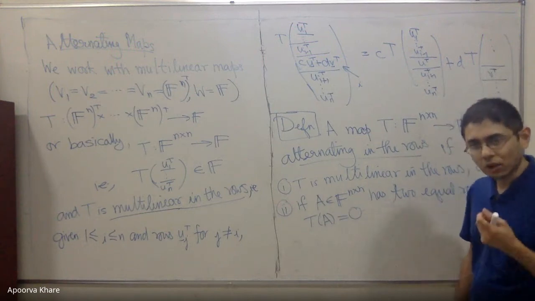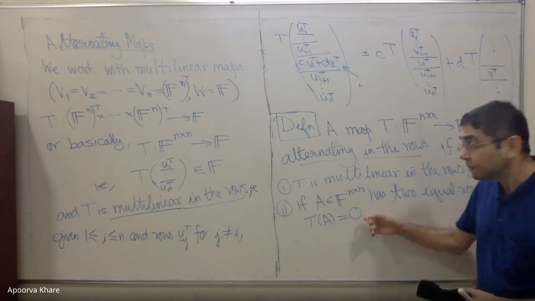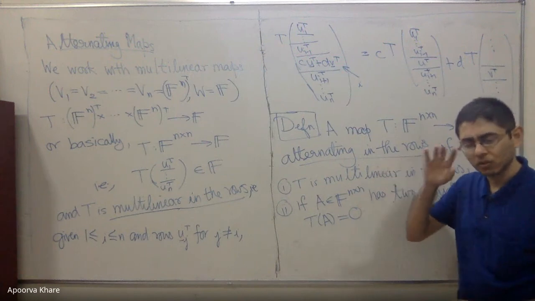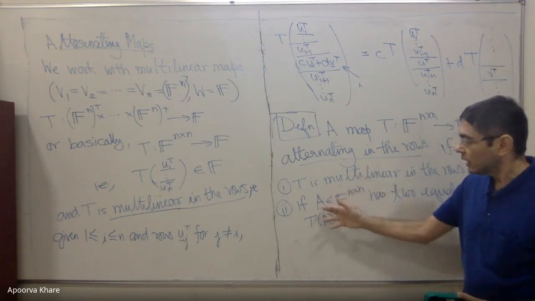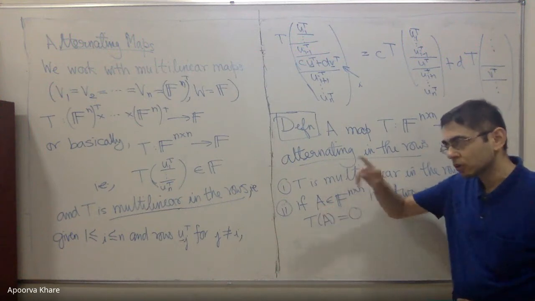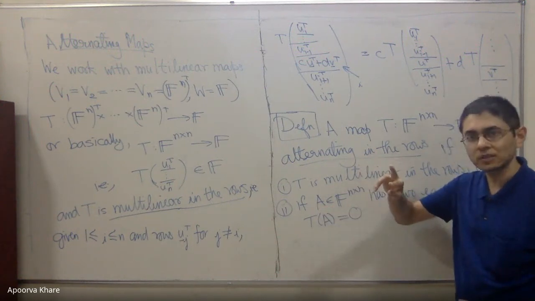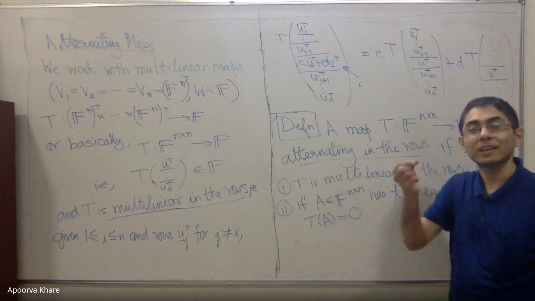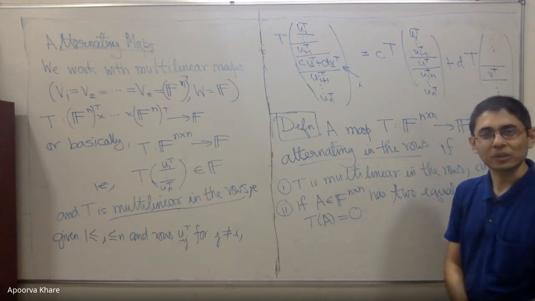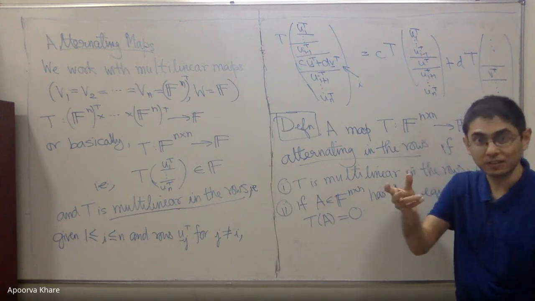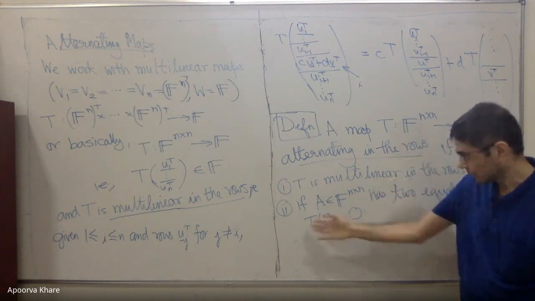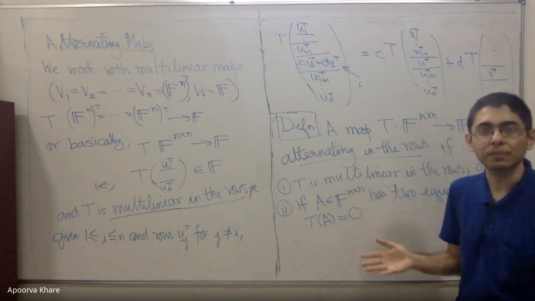Well, the alternating part comes from the fact that this implies, and in many cases is implied by, the following: if you switch 2 different rows, if you interchange 2 rows of a matrix, then the T value gets a minus sign. That's it. Like A minus B versus B minus A, they are negatives of each other, right? So if you flip A and B, you get negatives. The same thing happens here. That's what an alternating map is.